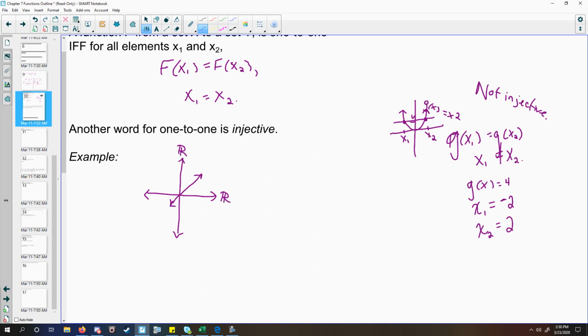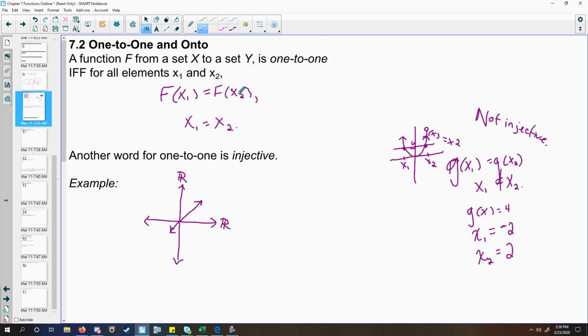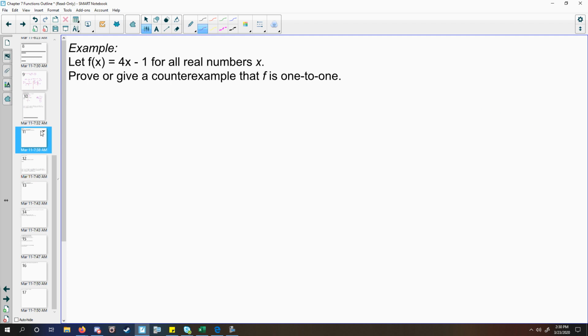Now, proving statements about things being one-to-one is actually a very simple proof. It all stems from the assumption that f of x1 is equal to f of x2. Take for a moment the example f of x defined by 4x minus 1 for all real numbers x. Since this is defined over the real number system, this is a linear equation.